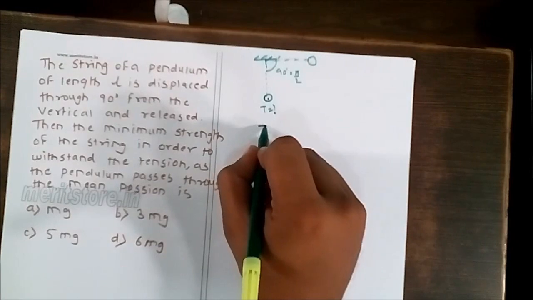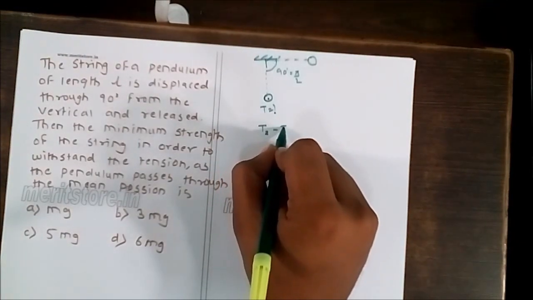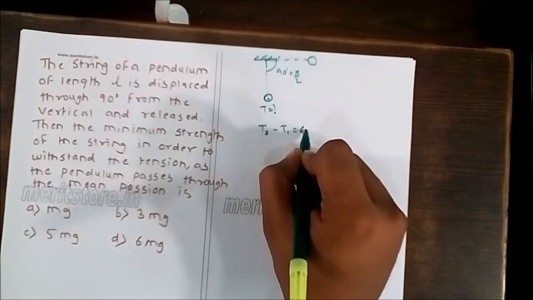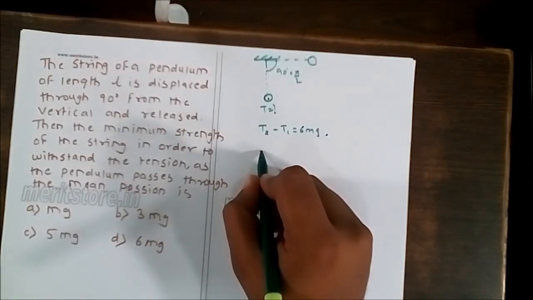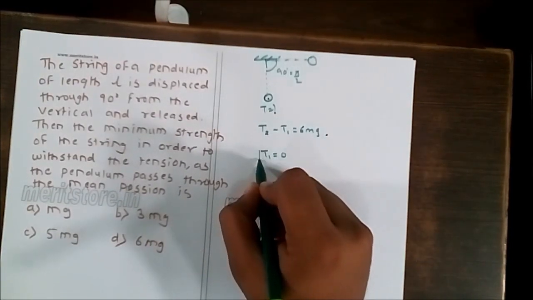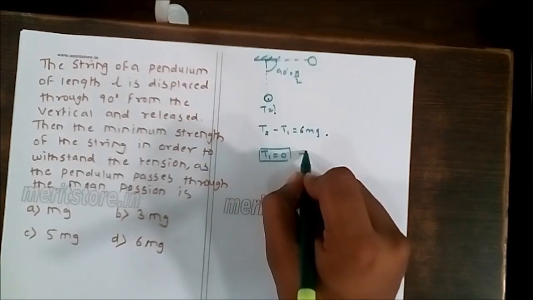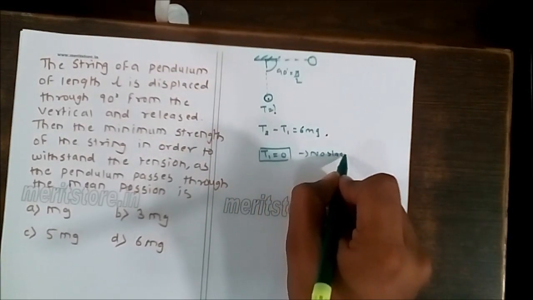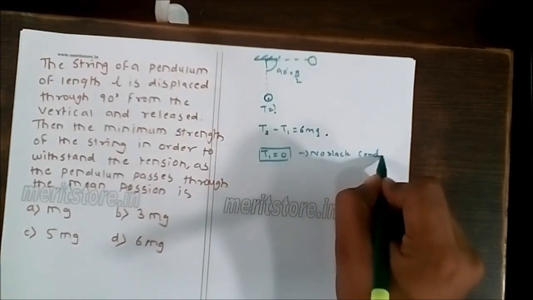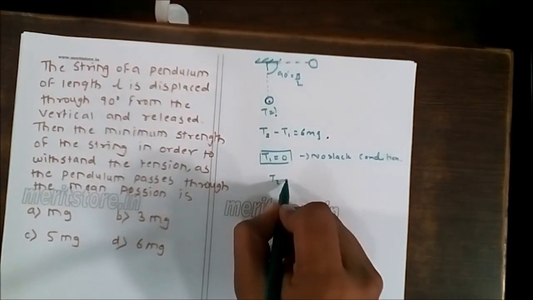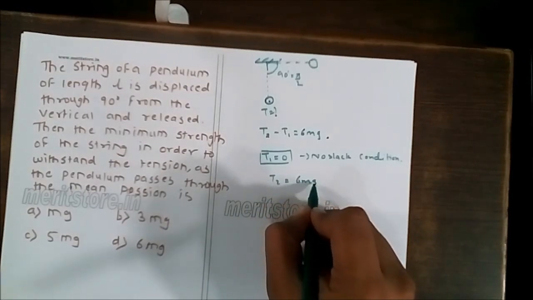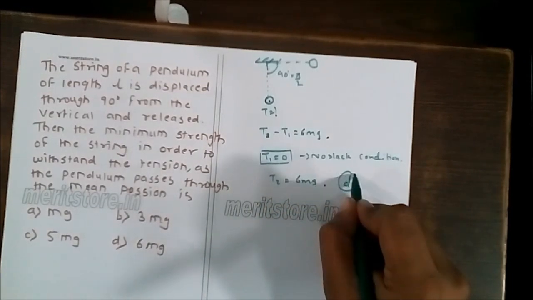We all know this equation, that T2 minus T1 is equals to 6 mg. For our assumption, we assume that T1 has to be 0 because at the highest point there is no slack condition. So if we put T1 as 0 over here, T2 is equals to 6 mg. Option D.